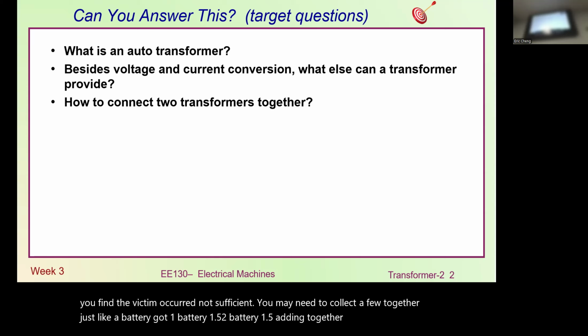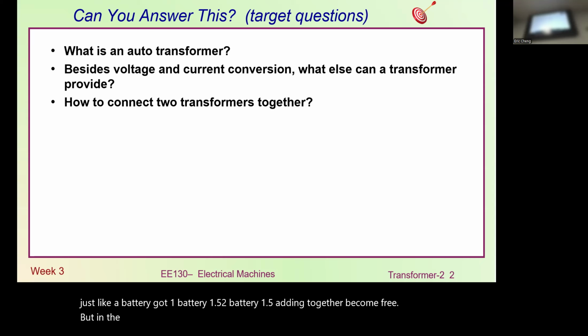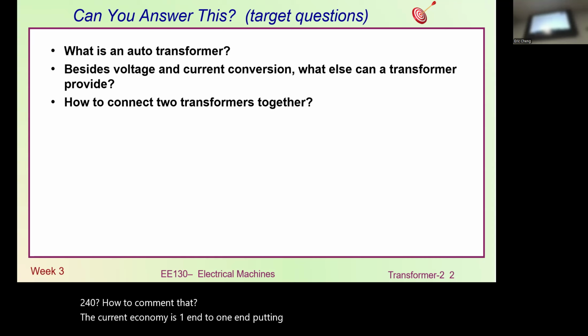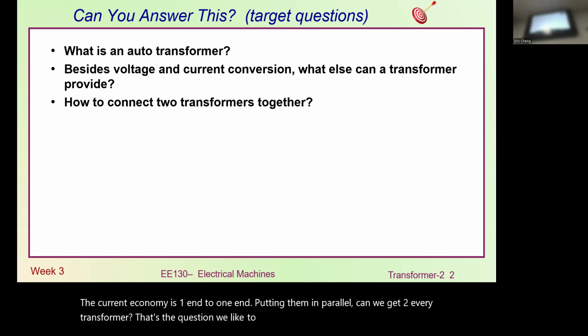But in transformers, this is 120, this is 120, when put together, can it go to 240? How do we connect them? If we put them in parallel, what current do we get? That's the question we would like to answer. That's how we are able to put a number of components together.